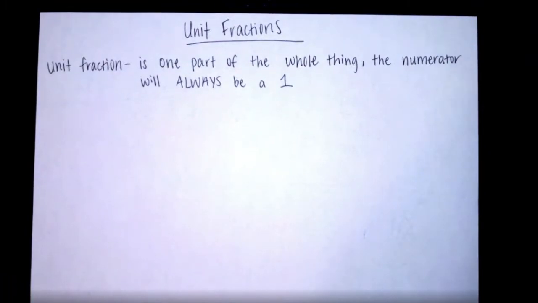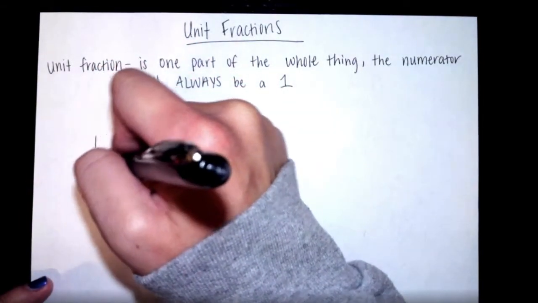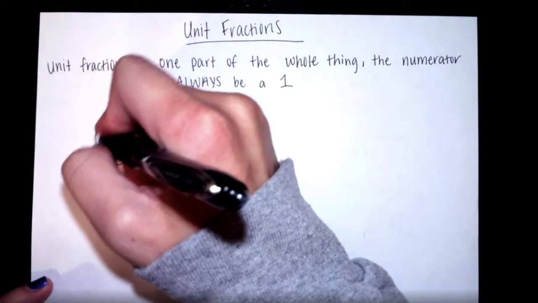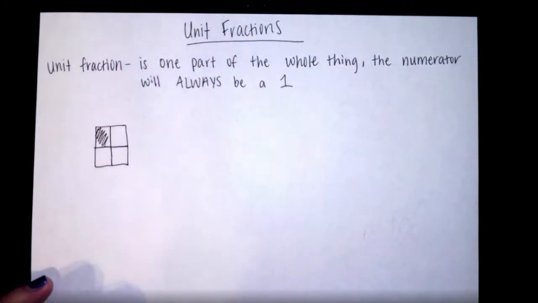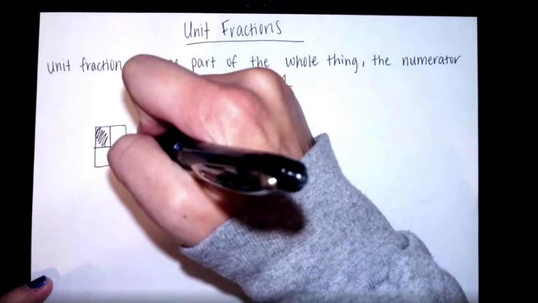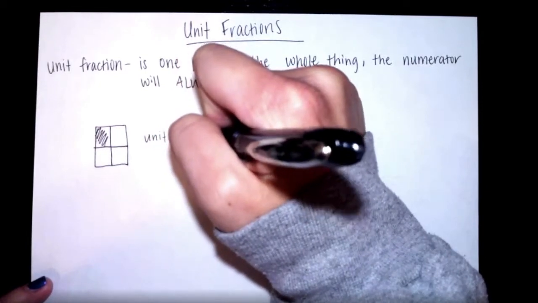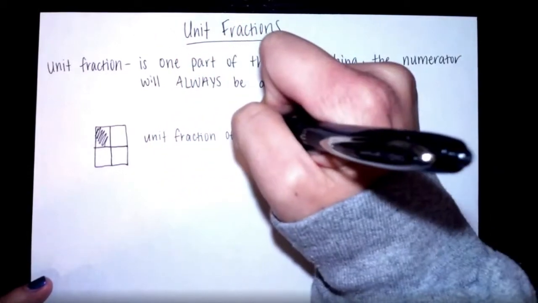So, unit fractions are really fun because they're always a 1. And these can look different. We have unit fractions with any denominator. So if I had this square, and one part was shaded in, this would have a unit fraction of 1/4.